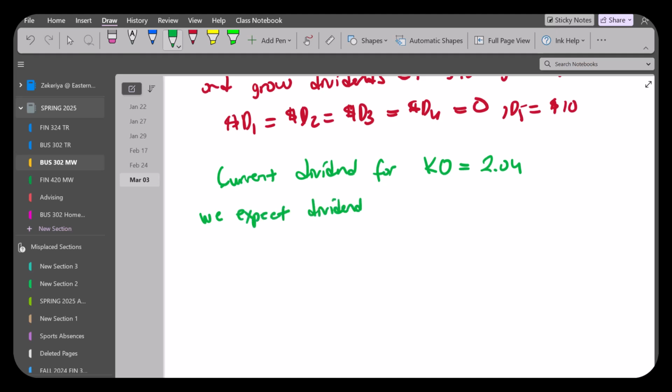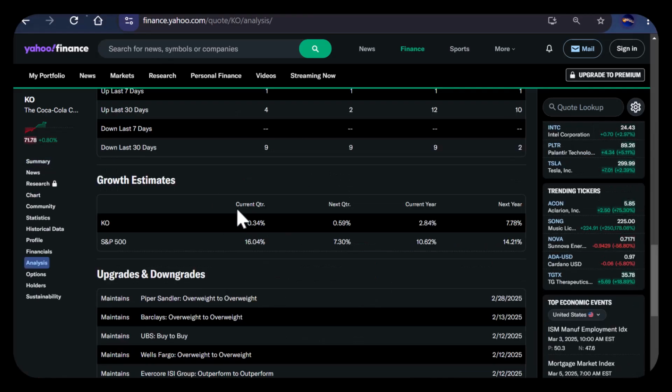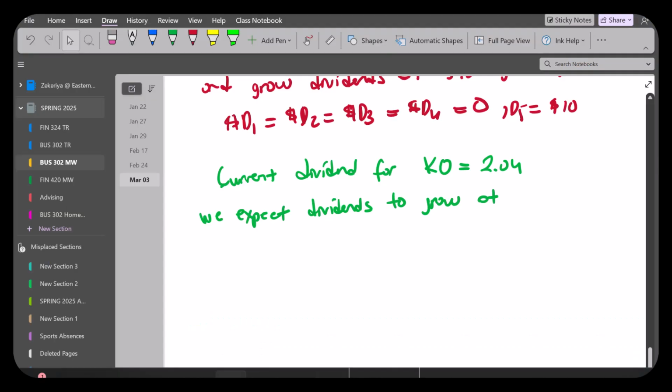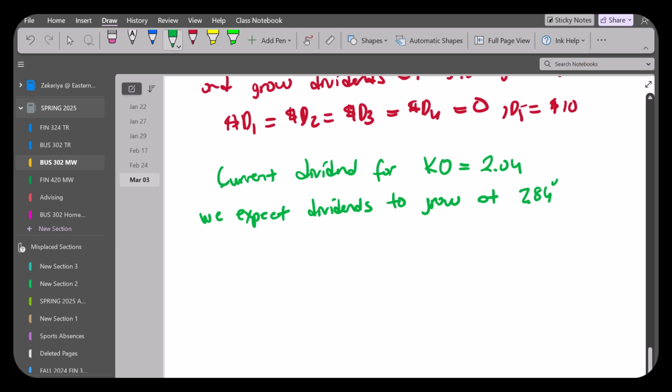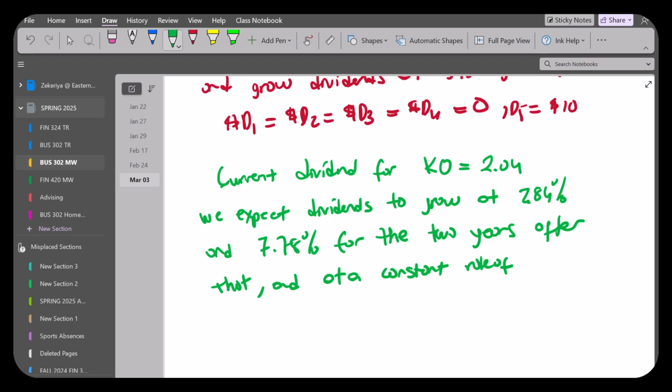We expect dividends to grow at 2.84% and 7.78% for the next 2 years, and then at a constant rate of g, and let's take R to be 9%.